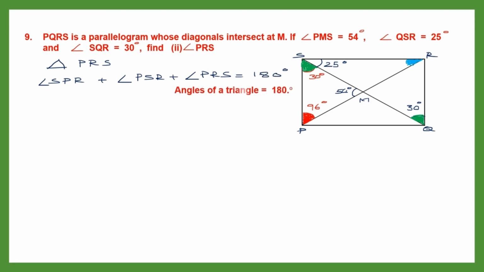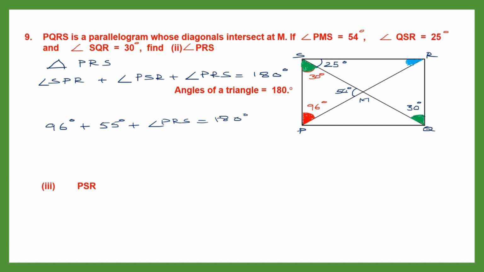What is the reason? Angles of a triangle equals 180 degrees. Now how much is angle SPR? Angle SPR is 96 degrees plus angle PSR. PSR is this angle here. This is S. So when you add up these two, you get PSR. So 30 plus 25 is 55. So that is 55 degrees plus PRS, which is the angle that we have to find out, is 180 degrees. So to find out the angle PRS, we add up these two.